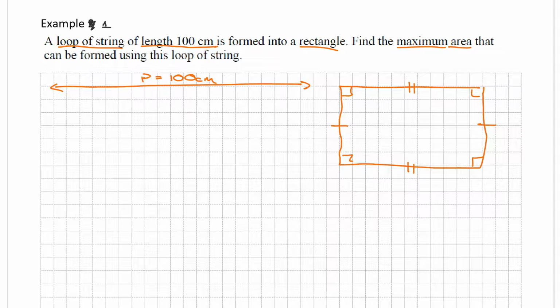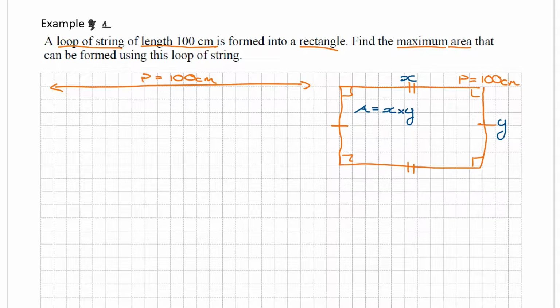The perimeter is still 100 centimeters. And let's label the sides. We'll call this one over here, this top one, we'll call it x, and this side one, we'll call it y. And therefore, our area is going to be x times y.